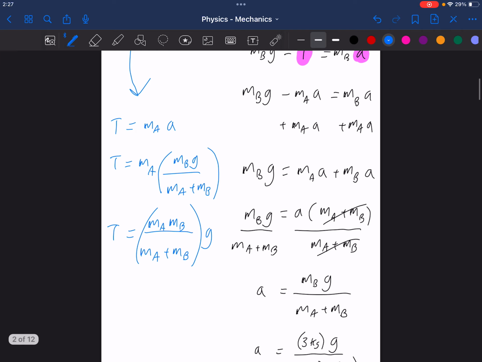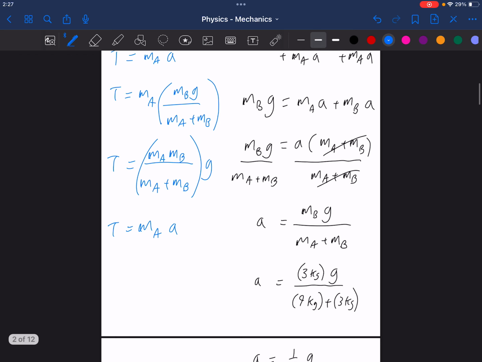Right? It's probably easiest to just, since we already found the acceleration, to just plug into this equation, to be honest. But it will be useful later to have that symbolic equation for tension. So the tension must be equal to the mass of A, which was 9 kilograms, times the acceleration, which we found was 1/4 g.